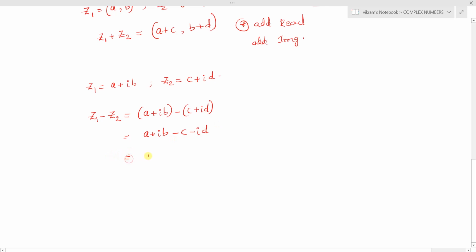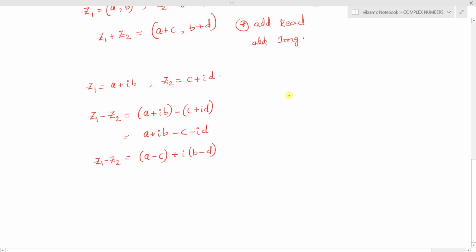So separate the real and imaginary parts. Then we'll get a minus c plus iota times b minus d. Okay, a minus c plus iota times b minus d, which is the subtraction of two complex numbers.